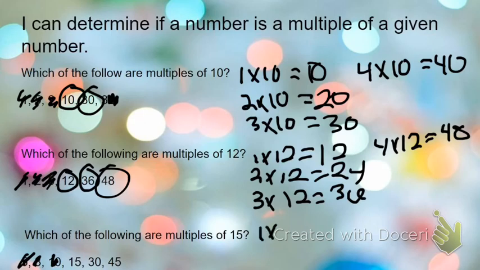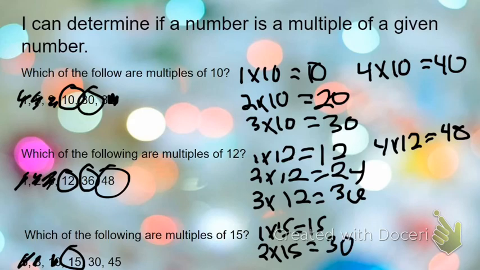So I'm going to start with 1 times 15. That equals 15. Oh, that's a multiple. 2 times 15. Well, I could just add 15 plus 15 if I don't know what it is off the top of my head, and I will get 30. That's an answer. And if I don't know what 3 times 15 is, I'm just going to add 15 to 30, and I will get 45. Oh, that's another answer. So that one also had 3 answers.